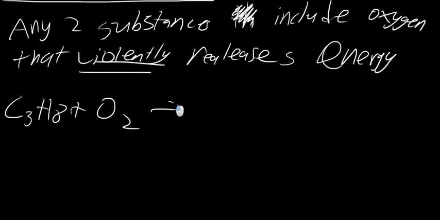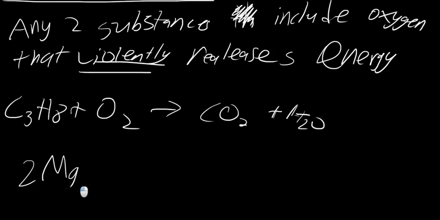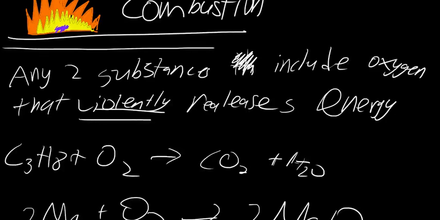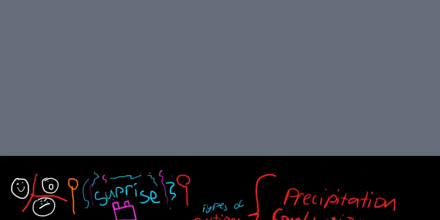We also have hydrocarbon reactions, so C3H8 plus O2 gives you CO2 plus H2O, and then you balance that. But you can also have metals reacting. So two magnesium react with oxygen to produce 2 magnesium oxide. That's another option. So anything that reacts violently to release large amounts of energy.